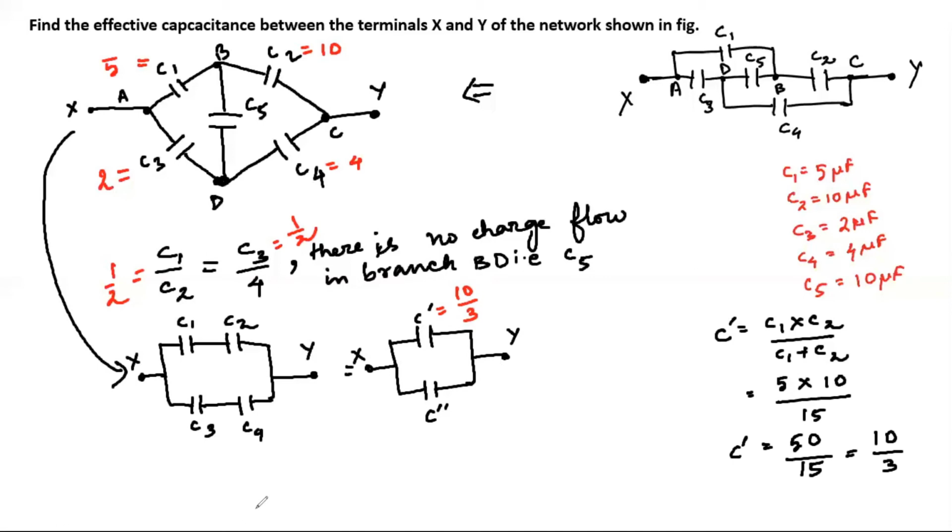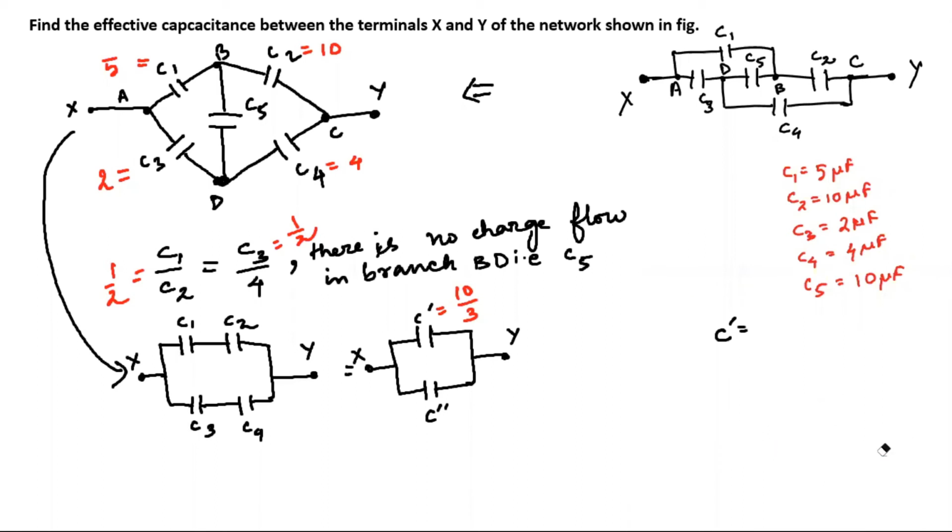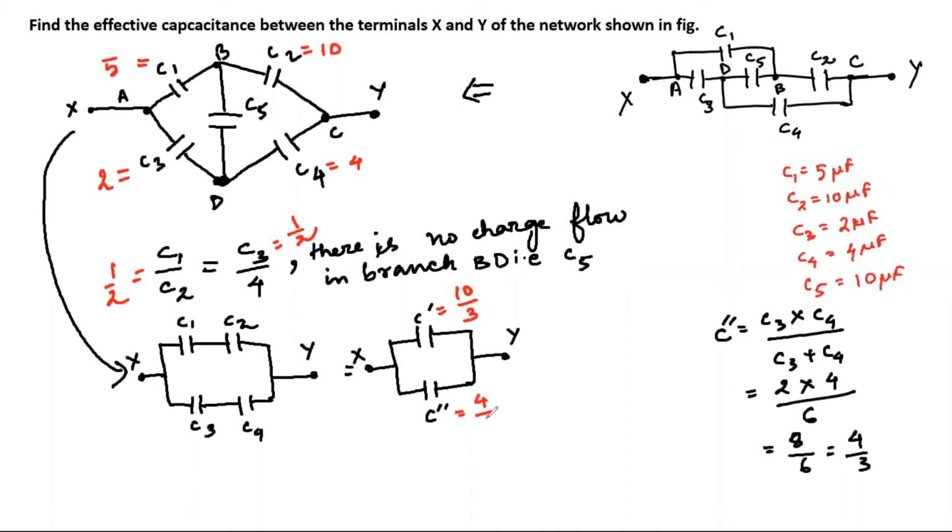Now we are going to find the equivalent capacitance of C3 and C4, which we have assumed to be C double dash. Okay. So it is again C3 into C4 by C3 plus C4. So C3 is how much? 2 microfarad multiplied by 4 microfarad. And when you add them, it is 6 microfarad. So 8 by 6, which is 4 by 3. So C double dash is 4 by 3 microfarad.